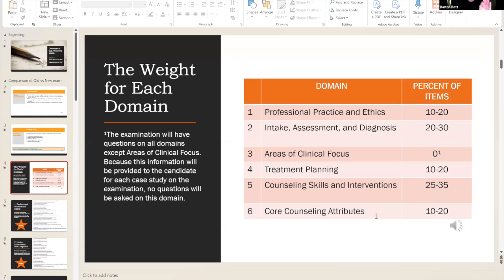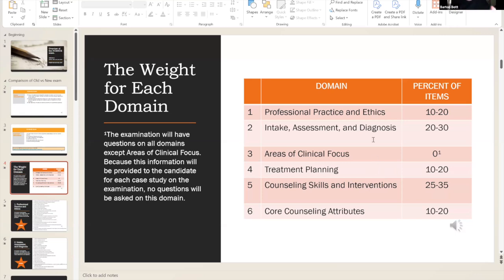Well, there are 5 domains that were tested on. That is content-wise. Domain 3, areas of clinical interest, you'll see 0, no percent of items, because that is the exam itself. That is the material that we are presented with that we have to resolve, or shall we say the case study that we have to look at, analyze, and answer the questions associated with that study.